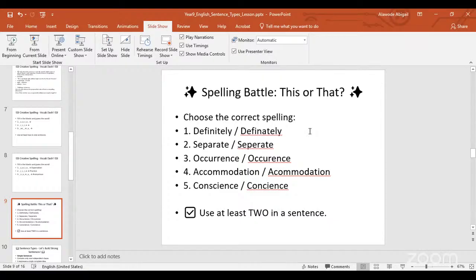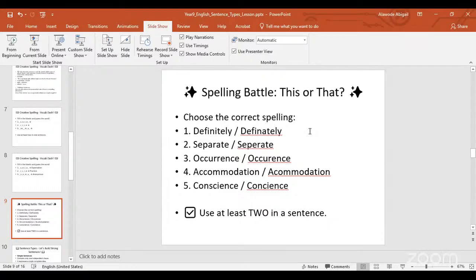This second one is always confusing. Separate or seperate. It's easy to pick the second one, but it's actually separate. So you can get that correctly. Then occurrence is double C, double R. You see that I just gave you that because that's what most people misspell.